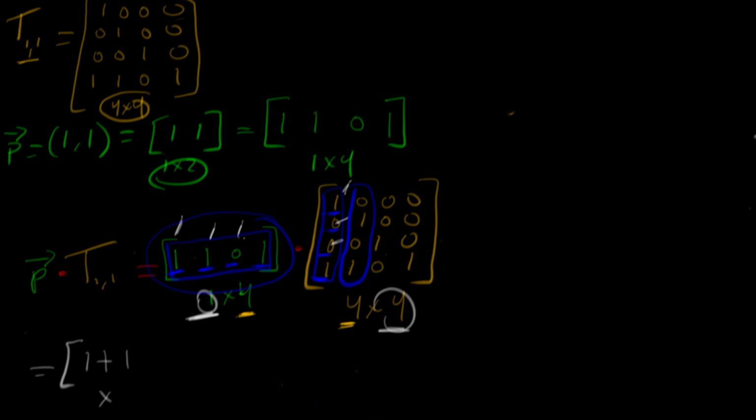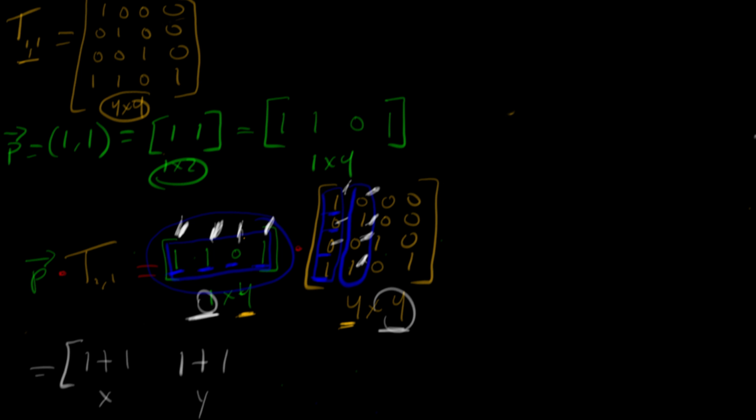Now, we need to do the same thing. 1 times 0 is 0. 1 times 1 is 1. So that's 1. 0 times 0 is 0. 1 times 1 is 1. So that's going to be 1 plus 1. That's going to be the y component.